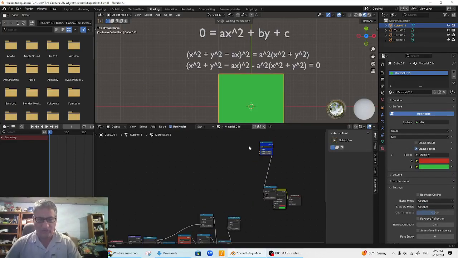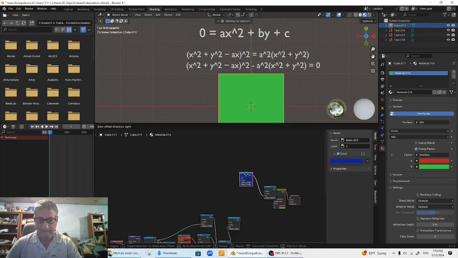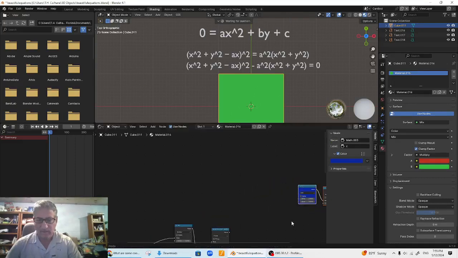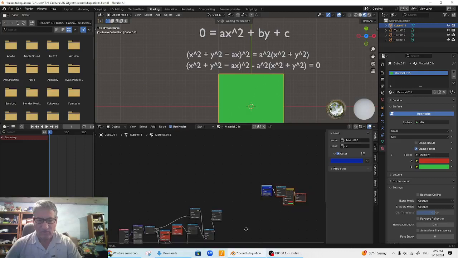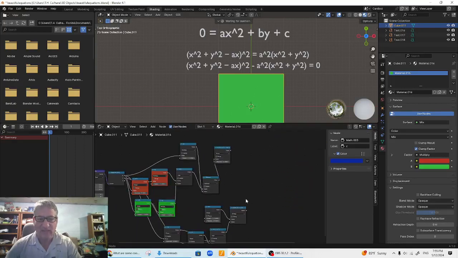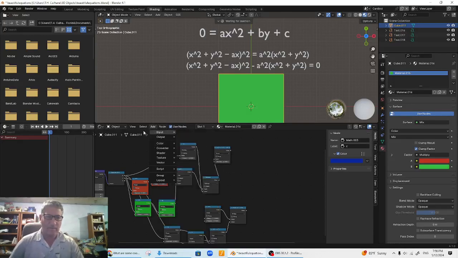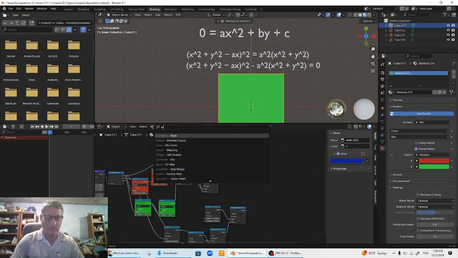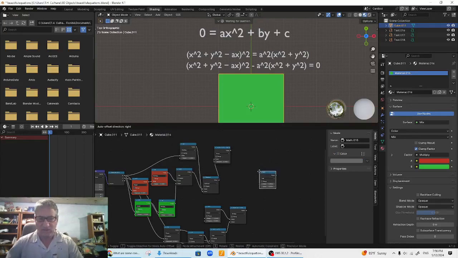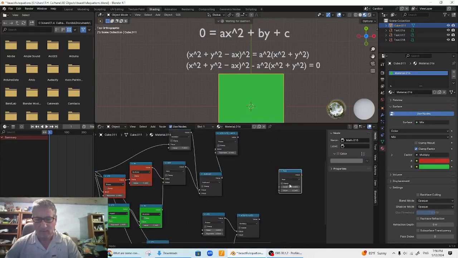So with this, at the end of the chain, what I'm saying is that minus that. I'm going to take a math node, this will be my final math node of this whole fancy equation, and I will make it a subtract.